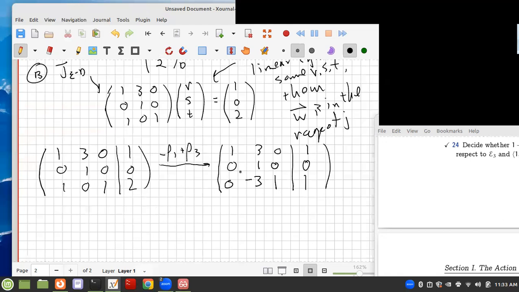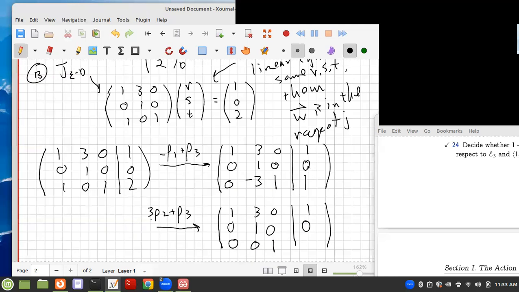Okay, so it's not quite an echelon form, but we can do 3 row 2 plus row 3. 1, 3, 0. It doesn't affect the top row. And then we're going to have 0, and 3 plus minus 3 is 0, 3 times 0 plus 1 is 1, and 3 times 0 plus 1 is 1.